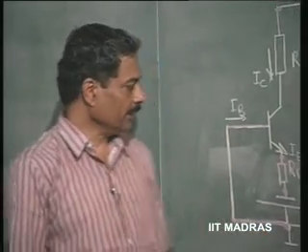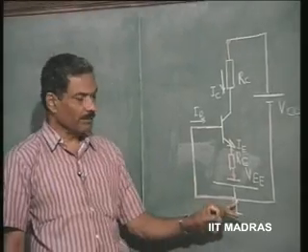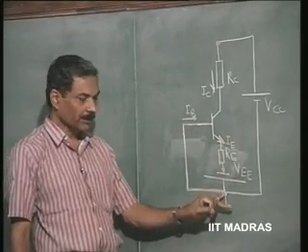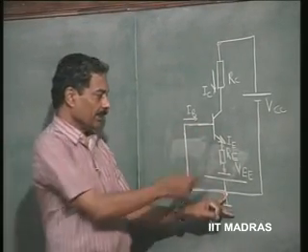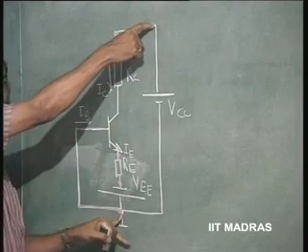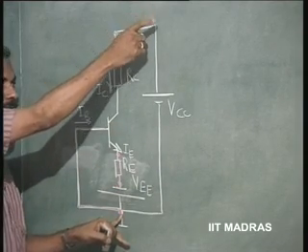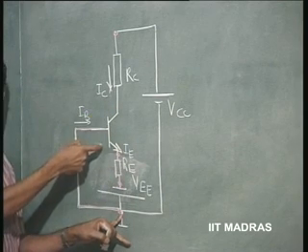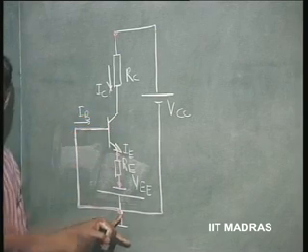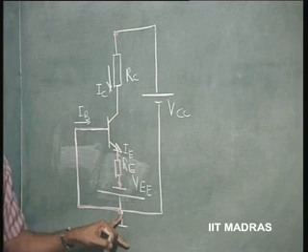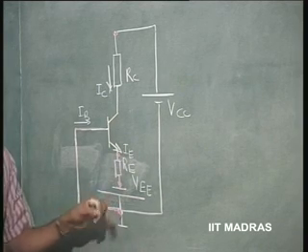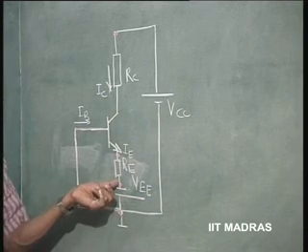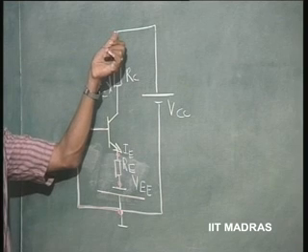Just now we said, making the base common, we can use a negative supply and a positive supply. The positive supply to reverse bias and the negative supply to forward bias this NPN transistor. So, I have essentially redrawn with these batteries actually put there instead of indicating minus and plus as previously.